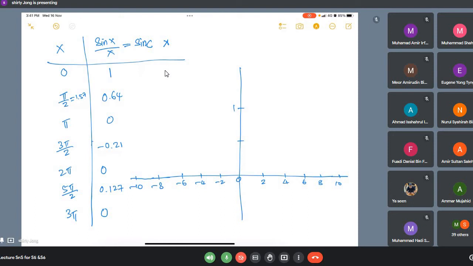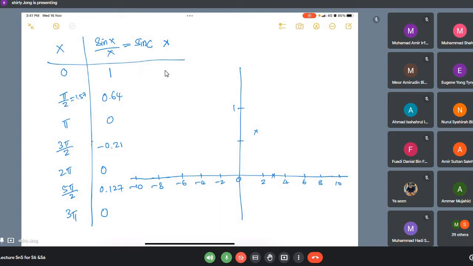So the first one, pi over 2 is 1.57, you get 0.64, approximately here. And then for pi, it is 0, something similar, somewhere here.